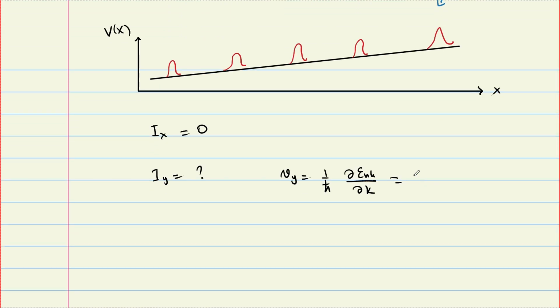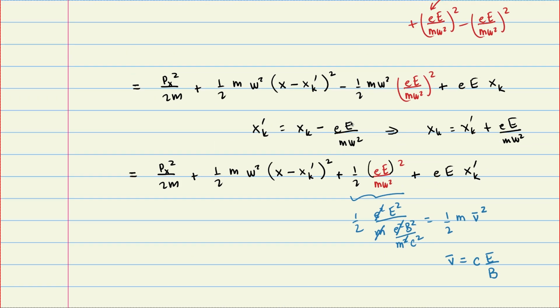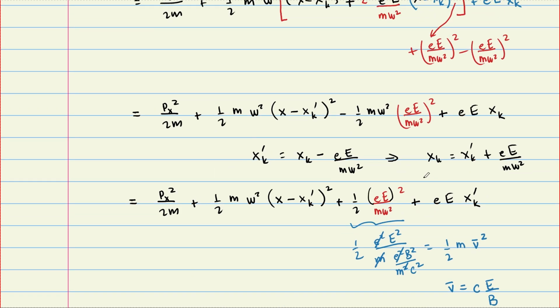It's going to be eE over h bar, and x_k prime was equal to something plus k l squared, right? This is the one I'm going to use. Not this one. This one. The second term is just a shift.